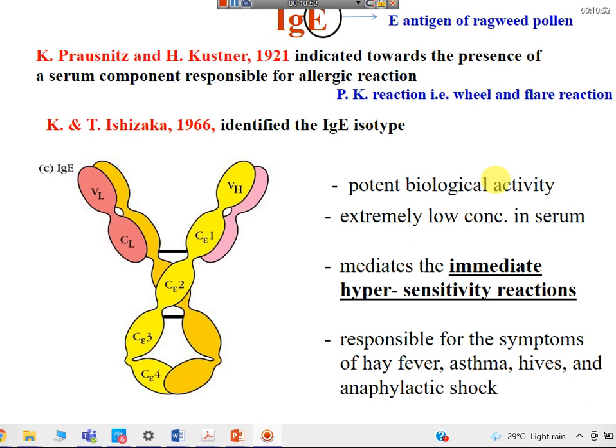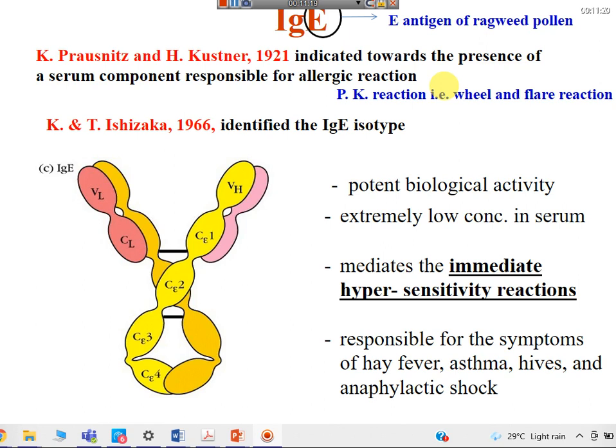IgE antibody, this E antigen, sorry. In case of IgE, this E term comes from the E antigen of the ragweed pollen. Actually, it was Prausnitz and Kustner in 1921 who indicated the presence of a serum component that was responsible for allergic reactions, and they were studying allergic reactions against the ragweed pollen.